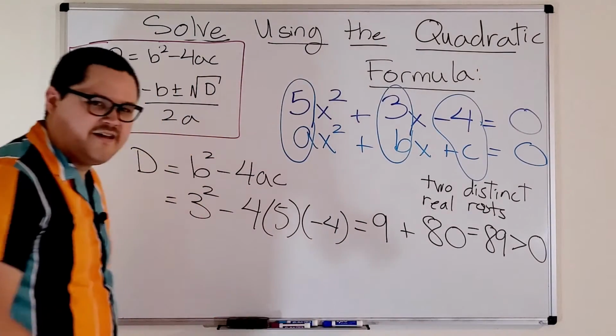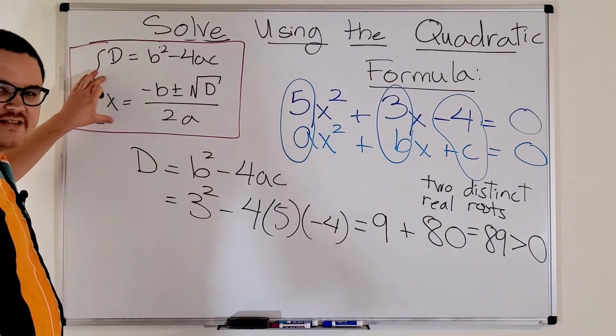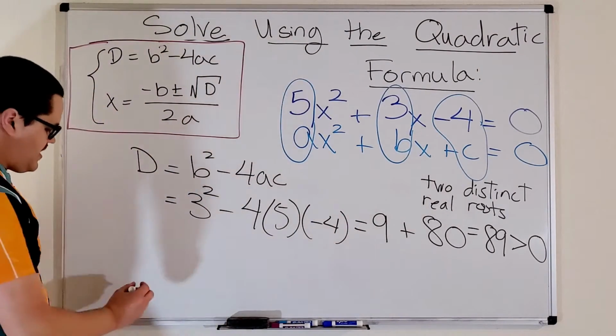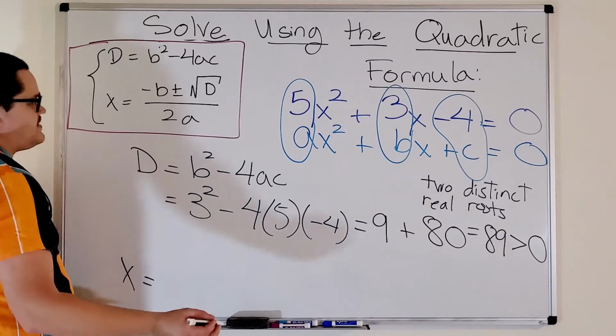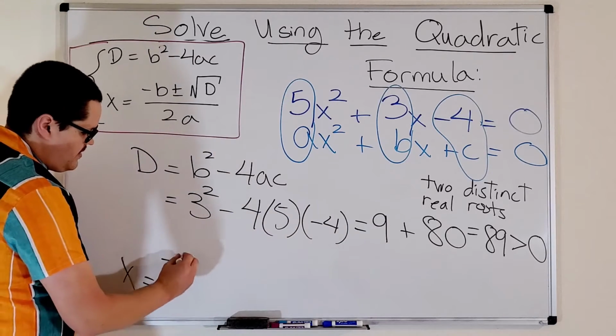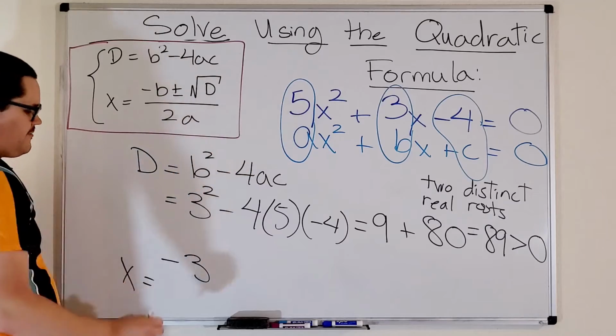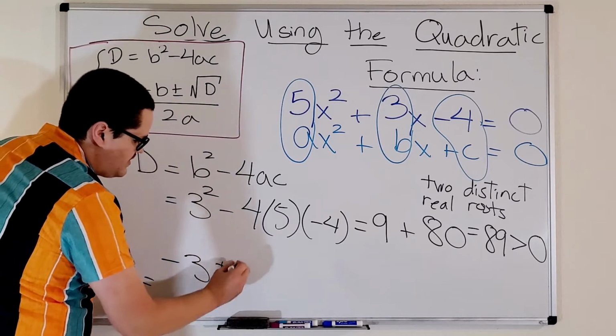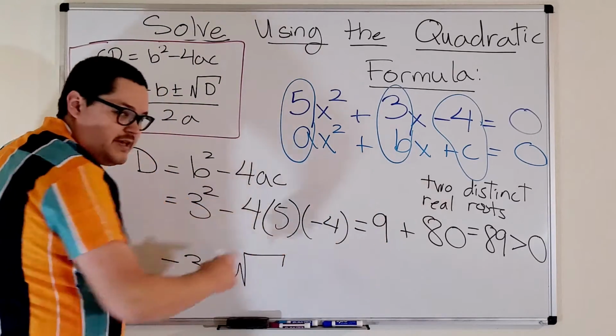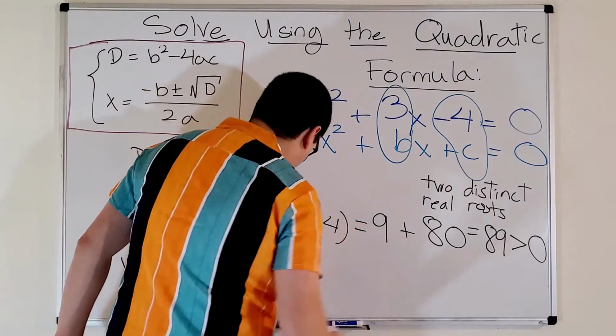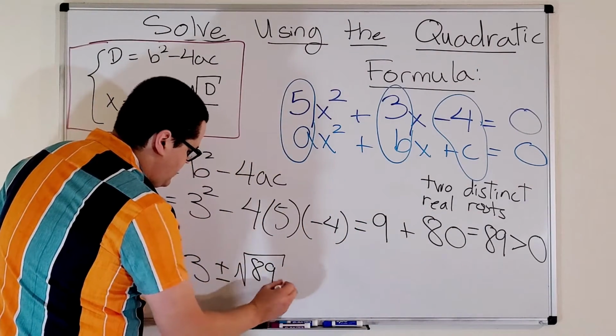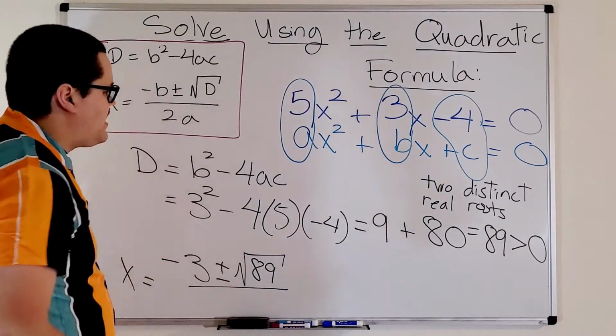And what are they? Well, they're just given by the second part. So the roots are x is negative b. In this case, b is 3, so that's negative 3, plus or minus the square root of D, which we just computed, was 89, all over 2 times a.